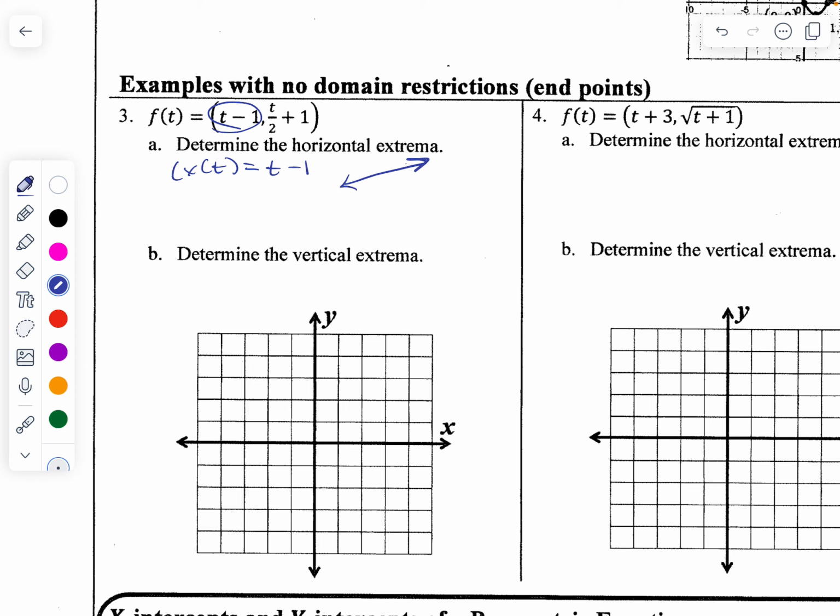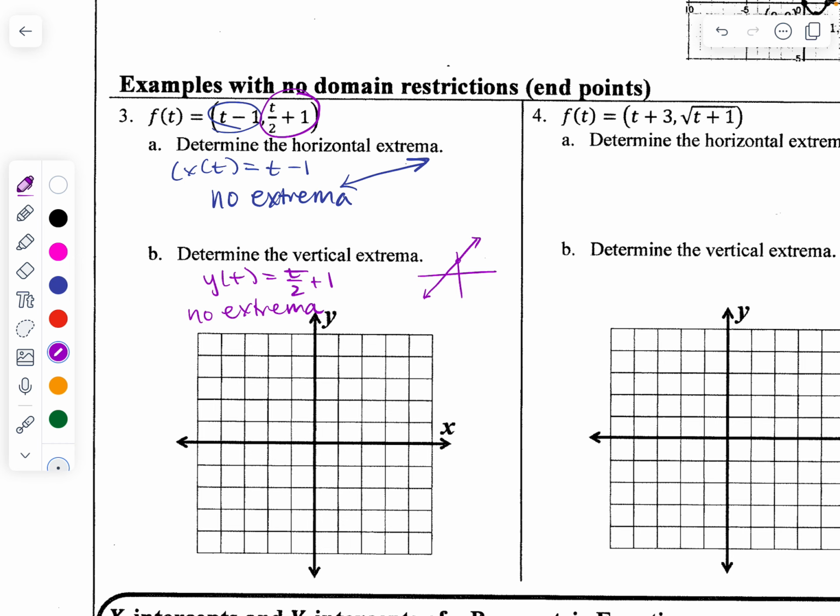So there's no extreme because there's no ending. So we say this is no extrema. And then when I'm looking at the vertical, y of t equals t over 2 plus 1, it would look something like this. Again, this is going to go forever with no restriction. Again, this is no extrema.